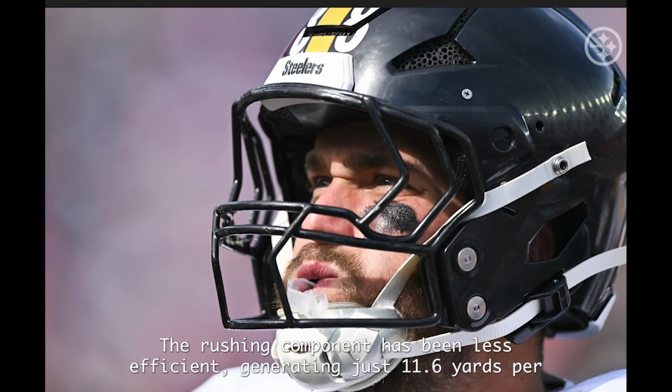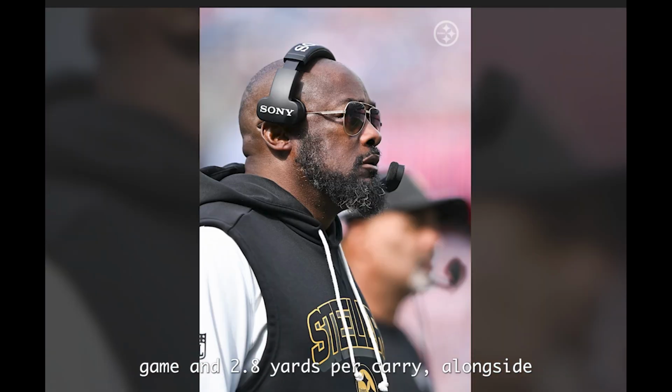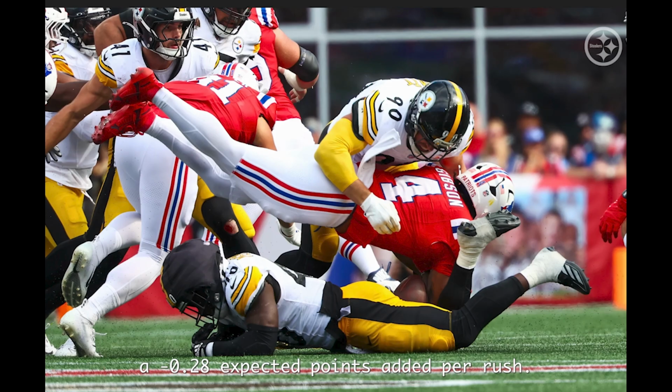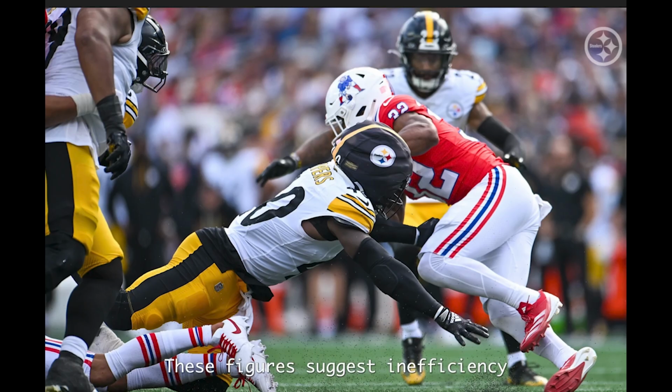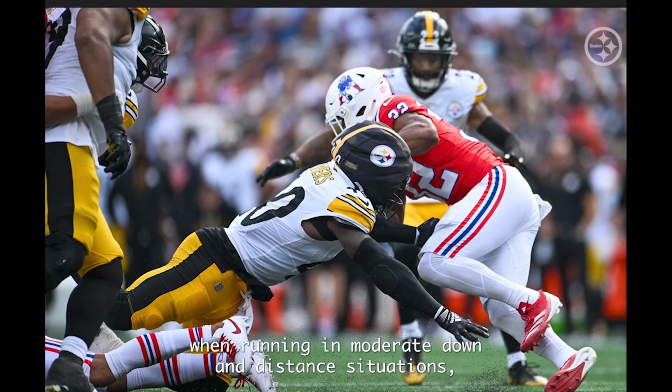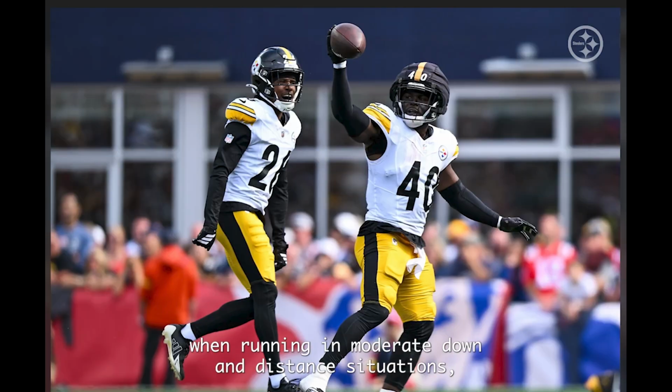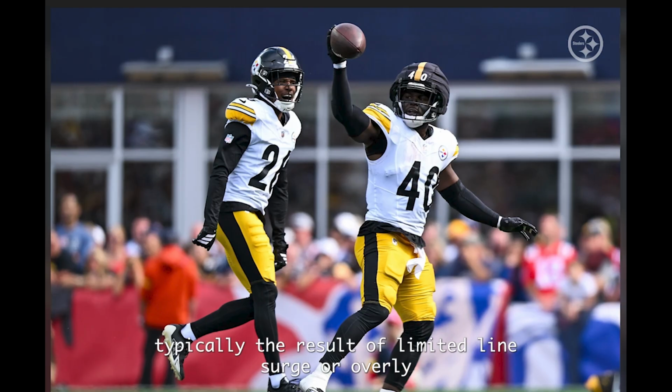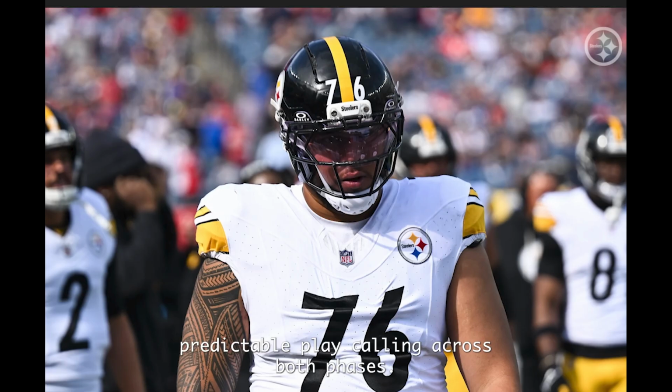The rushing component has been less efficient, generating just 11.6 yards per game and 2.8 yards per carry, alongside a negative 0.28 expected points added per rush. These figures suggest inefficiency when running in moderate down-and-distance situations, typically the result of limited line surge or overly predictable play calling.